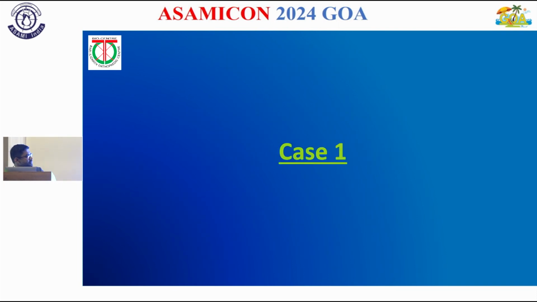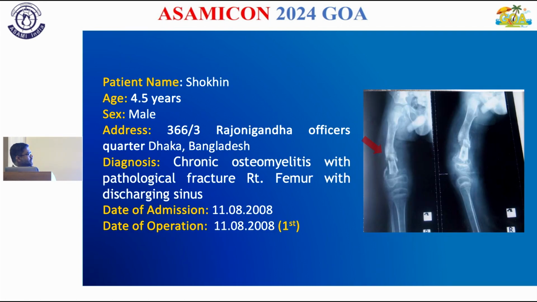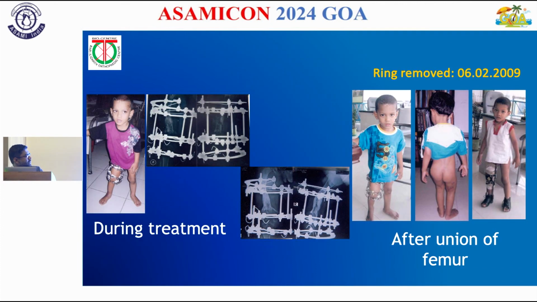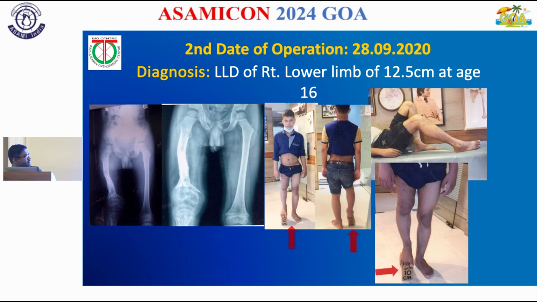I'll show you a few cases. This was a case, a 4.5-year-old boy with a pathological fracture and chronic osteomyelitis of the right femur with a discharging sinus. He came to us, we fixed the frame, and we went for the correction of deformity first. And then on the second operation date, he was having LLD of 12.5 centimeters at the age of 16.